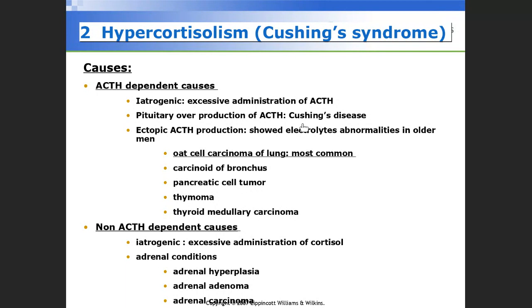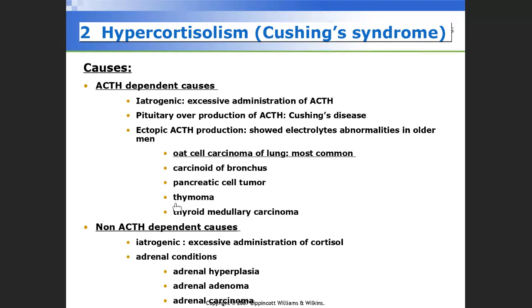We talked about already that's Cushing's disease, right? But in this case, there's also iatrogenic excessive administration, or a paraneoplastic syndrome, such as oat cell carcinoma or other kinds of cancer that can put out a lot of ACTH.